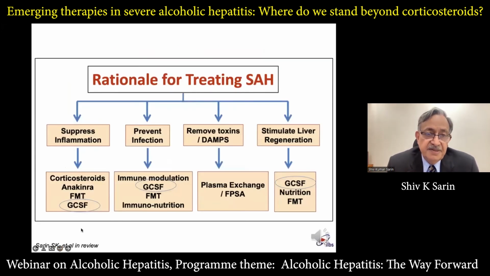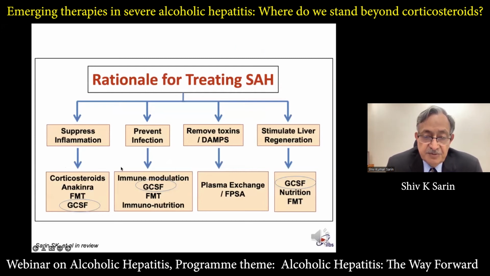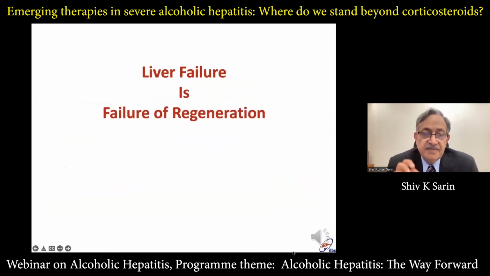I'll now come very briefly to GCSF, which has 3 roles: inflammation suppression, mainly by decreasing interferon gamma intrahepatic, also by inviting the dendritic cells into the liver, immune suppressive; and immunomodulation by improving the neutrophil functions, monocyte functions, and regenerative functions.